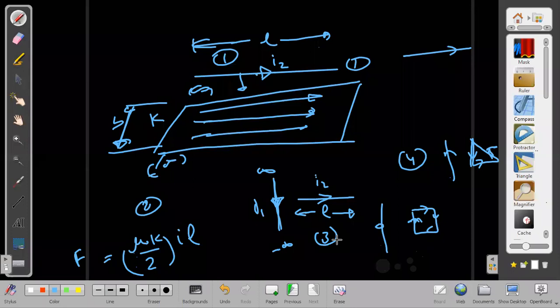Sorry, I should tell you that the closer distance is at a distance A and the farther distance is at a distance A plus L. So it is mu naught I1 I2 ln(B by A) by 2 pi, where B means A plus L.